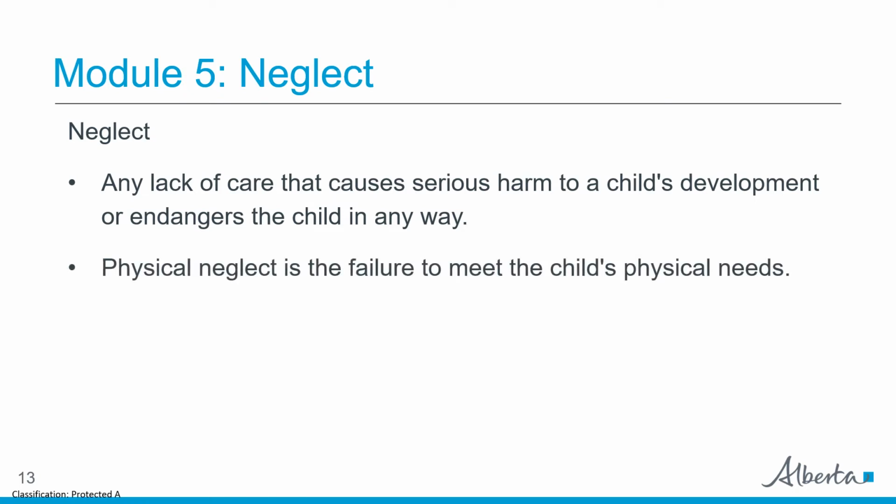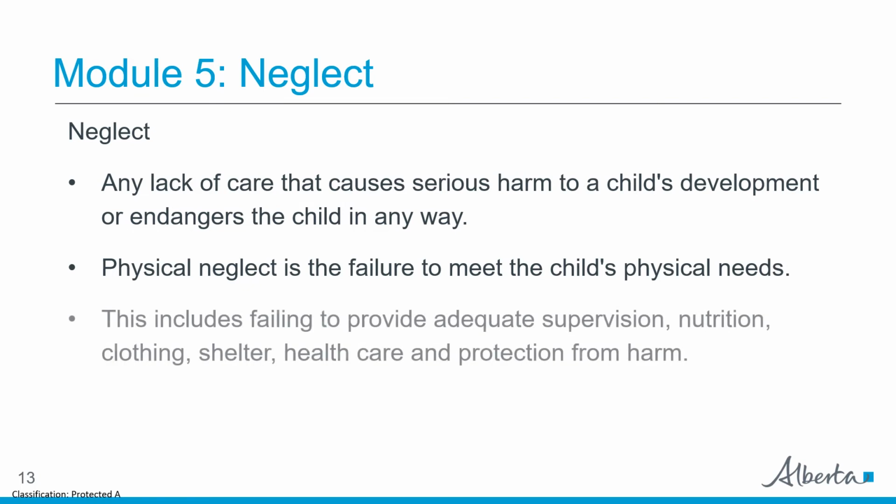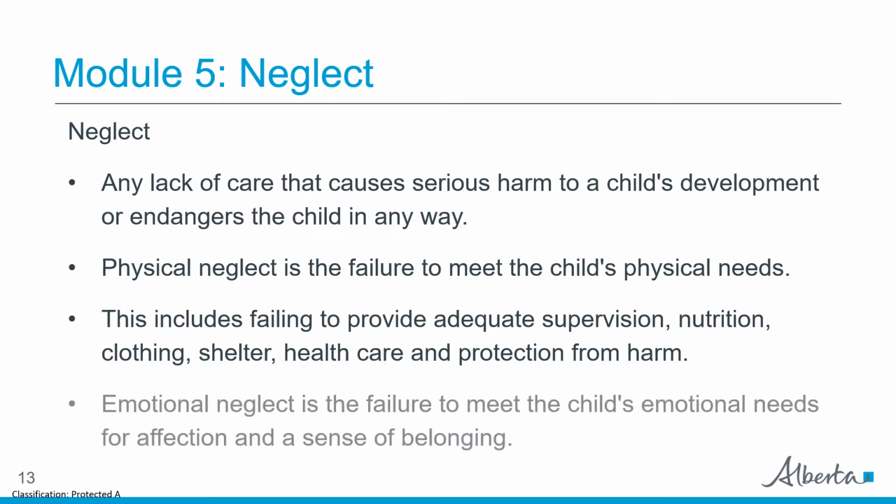Physical neglect is the failure to meet the child's physical needs. This includes failing to provide adequate supervision, nutrition, clothing, shelter, health care, and protection from harm. Emotional neglect is the failure to meet the child's emotional needs for affection and a sense of belonging.